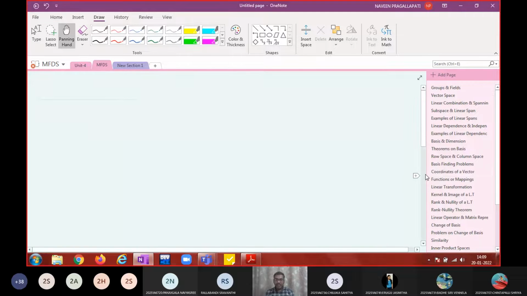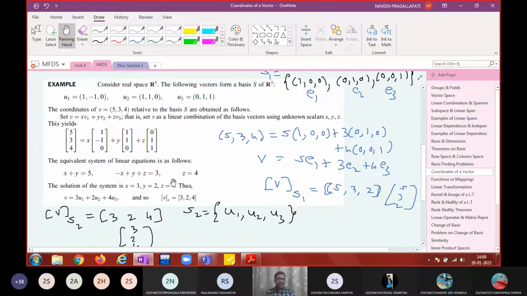After that we have seen coordinates of a vector. If you are expressing a vector as a linear combination of the given vectors for some scalars, then those coordinates put together are called the coordinate vector.